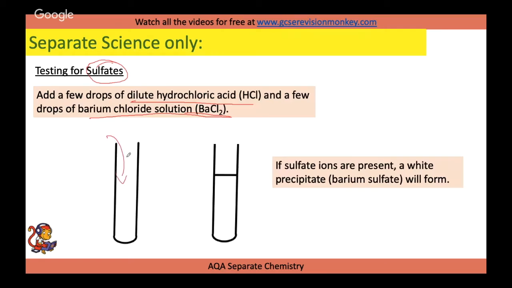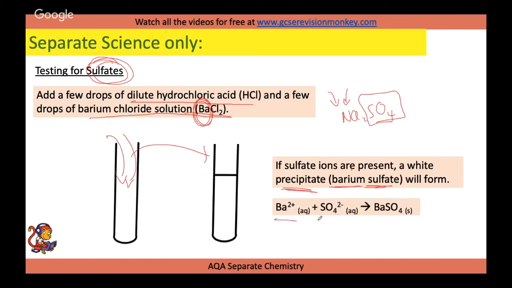So if you add those together and you end up with a white precipitate, that is the result of barium sulfate being made. So if you've got a sulfate present, that will react with the barium chloride to make barium sulfate. And that means your negative ion is a sulfate. So you would have identified it as sodium sulfate, for example, if previously you identified your metal ion as sodium.